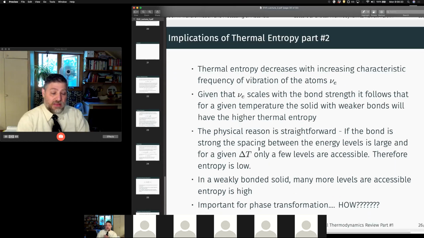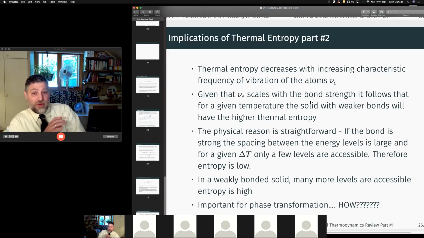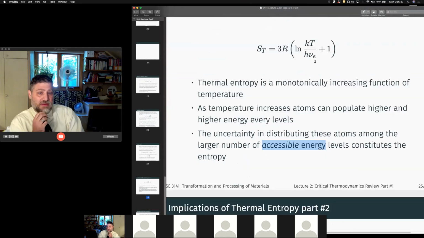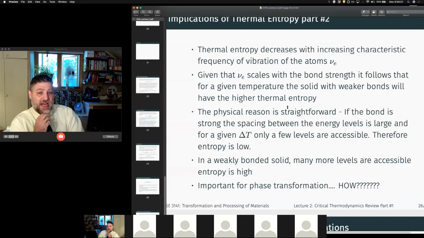Okay, I promise I'm getting to a point here. So the thermal entropy is going to decrease with the increasing characteristic frequency, right? So if I increase this, our thermal entropy is going to go down, right?